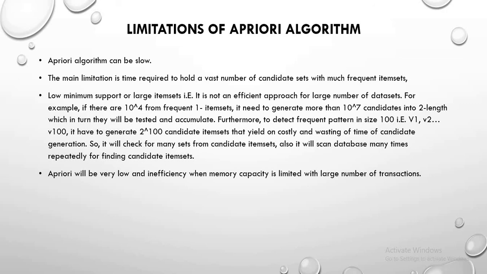That is the example I gave, because with low minimum support we have to create large item sets. If it is 4 items, it is okay, but if we go for 2 to the power 100 candidate item sets, it is going to take a long time as well as more space, so it is not efficient.